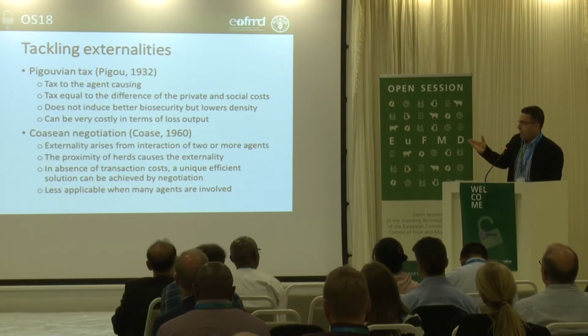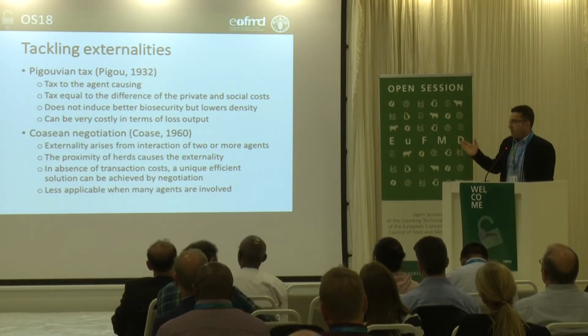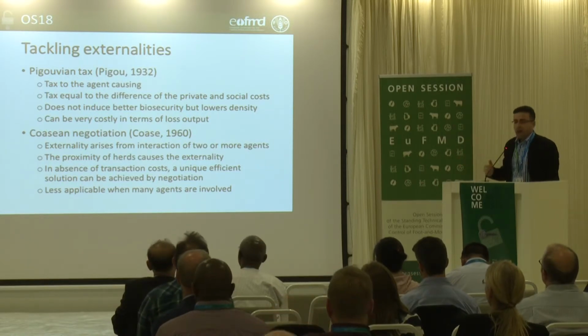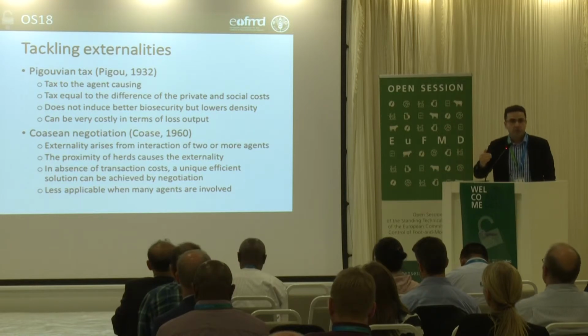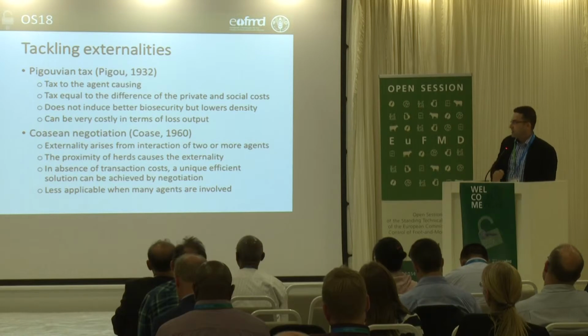The second approach in the literature is Coasian negotiation, which says that when there is no transaction cost, two agents, say two farmers, can reach a unique, efficient solution by means of negotiations.